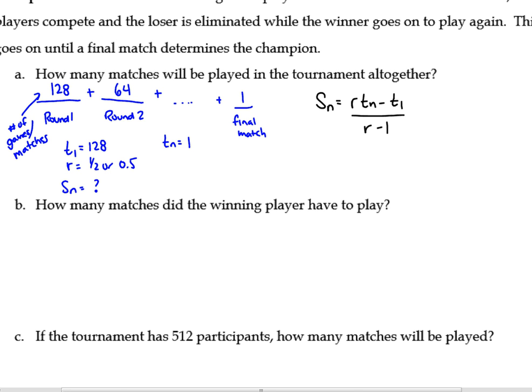It's up to you for your r. 1/2 times 1 minus the first term divided by 1/2 minus 1. So use numerator over denominator, or you need brackets around your numerator and brackets around your denominator.